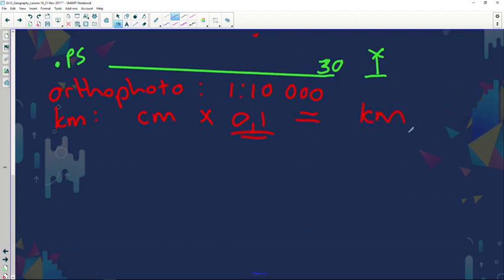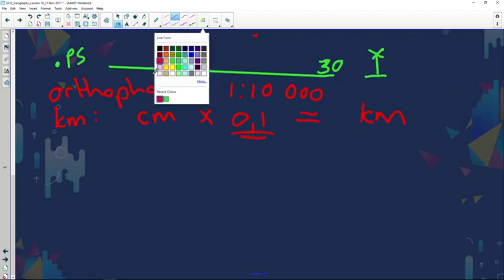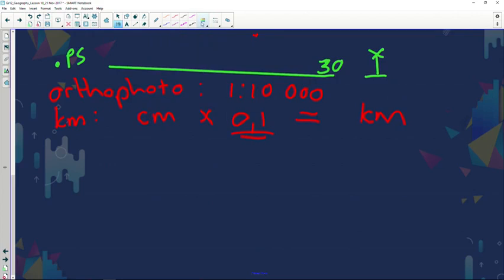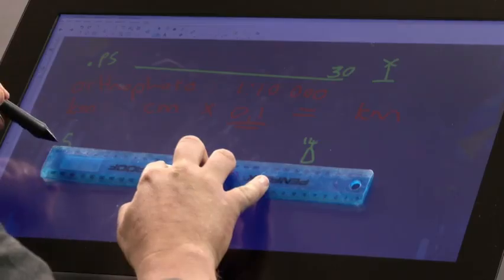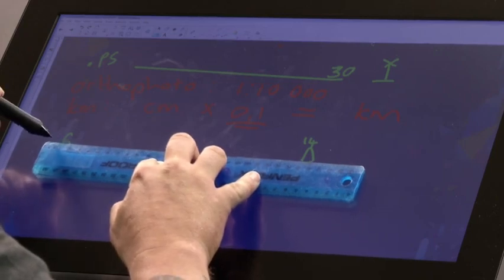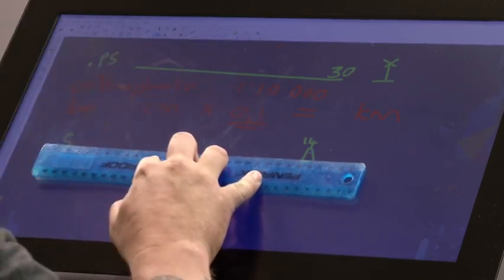So let's say for instance I ask you to go and calculate the distance between, let's say, the school to Trig beacon number 14. Use your ruler. You measure the distance from the school to Trig beacon 14.